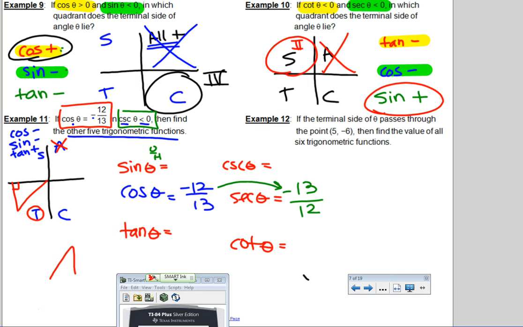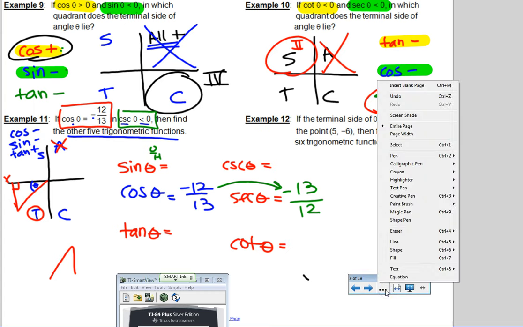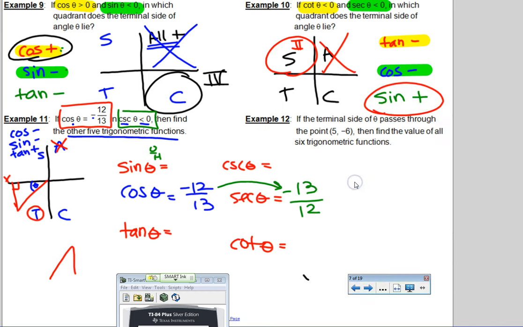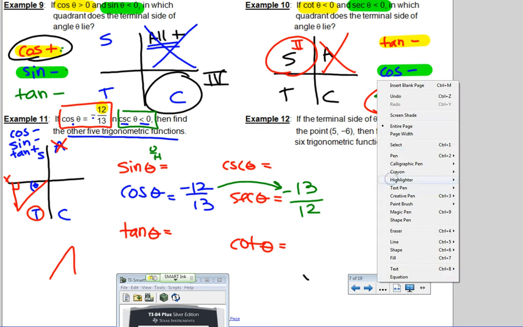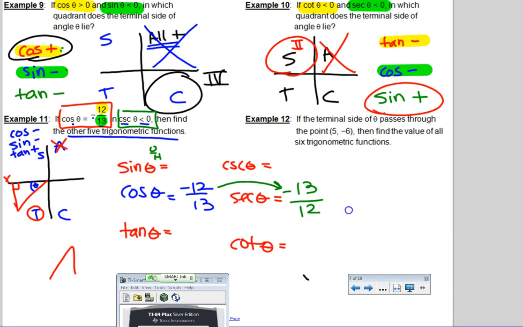You draw into quadrant 3 and you always go up to the x-axis. Theta is always located by the origin, so that's my angle. And what else do I know? I know that the cosine value is negative 12/13. Now, cosine is A/H. So I know that the A side is going to be 12, and I know that the H side is going to be 13.